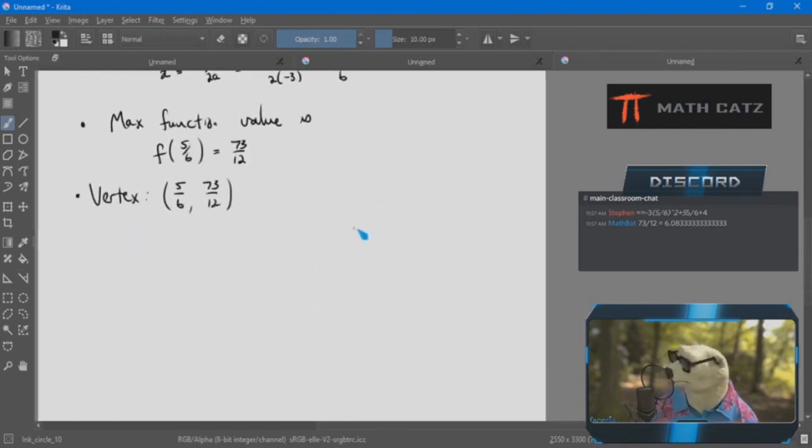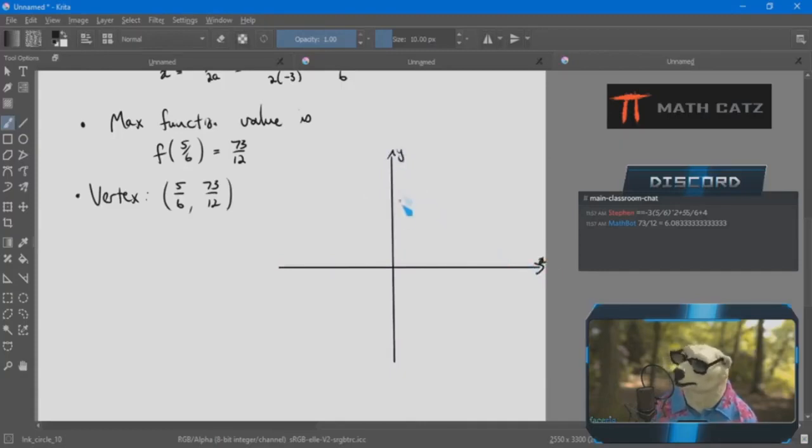I have enough information to have a rough idea of the graph. X and y. Now these are unpleasant fractions, right? They're all positive. The x-coordinate is a little small. Let's put it fairly close at 5/6. The y-coordinate is much higher.